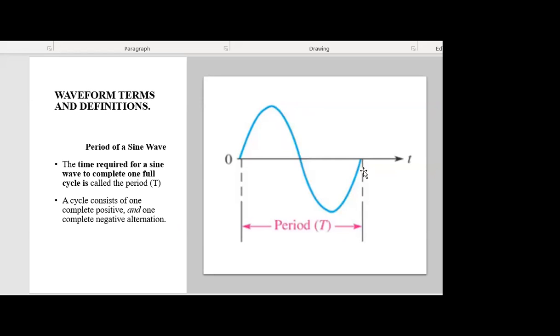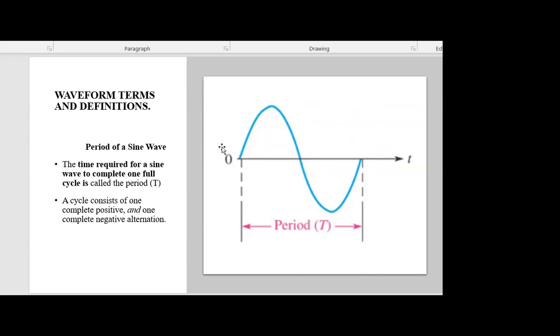So when they talk about one full cycle, they mean one complete cycle from 0 to here is 180. From 180 to here it's 360. So it's like a full circle.